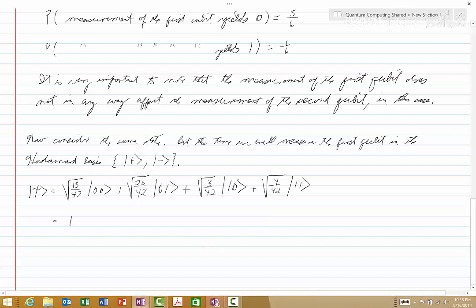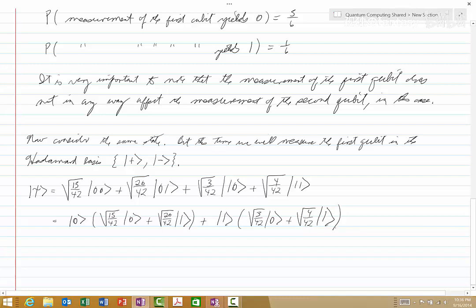So we will get |0⟩ times square root of 15 over 42 |0⟩ plus square root of 20 over 42 |1⟩, and here, square root of 3 over 42 |0⟩ plus square root of 4 over 42 |1⟩.